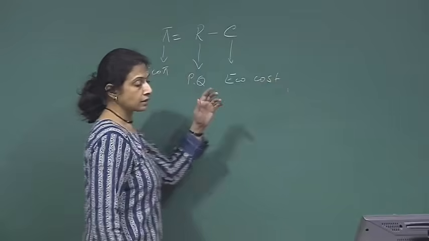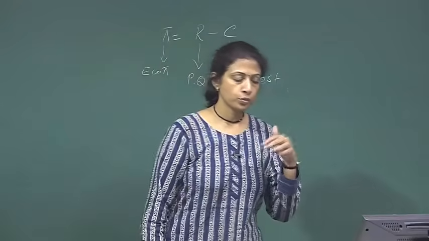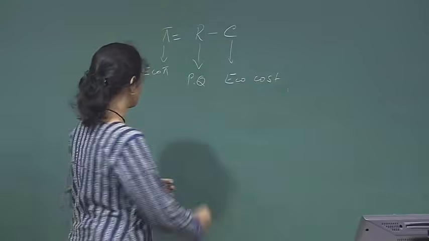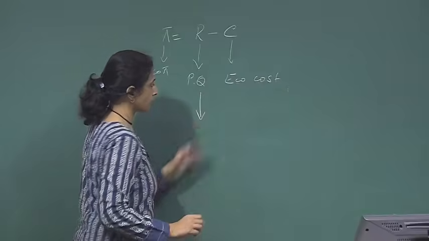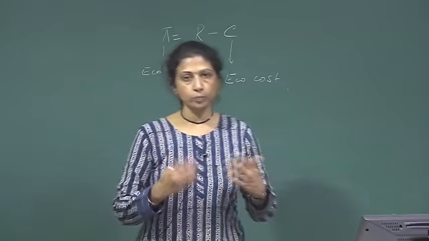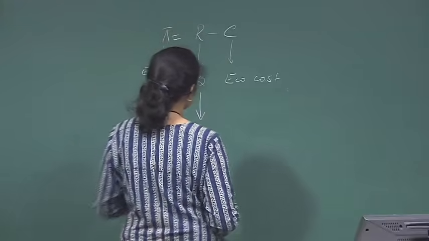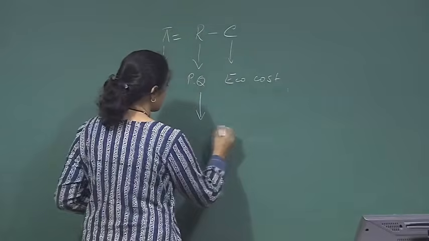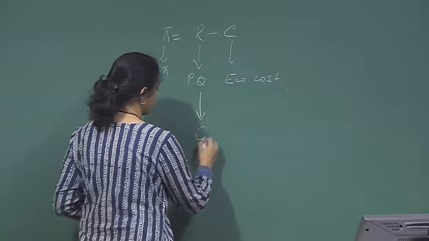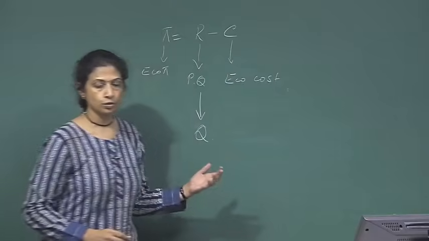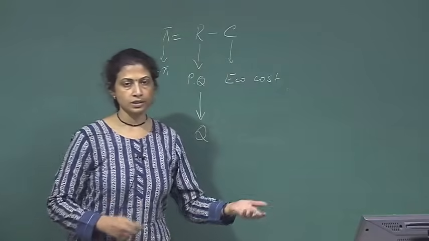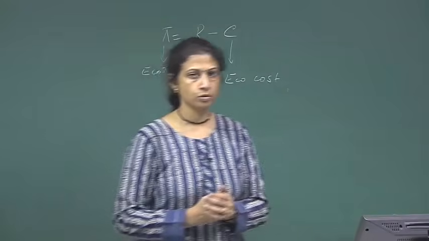So in this module we will try to understand where this Q comes from, how we determine Q, how much output will be produced, how that is determined, and basically production of any output. Like in the previous example we used the example of mangoes getting produced.